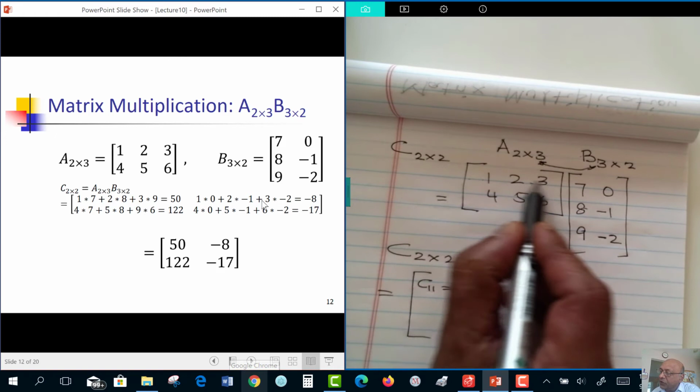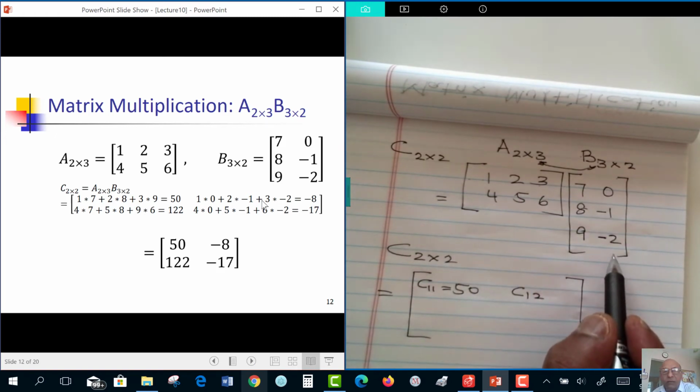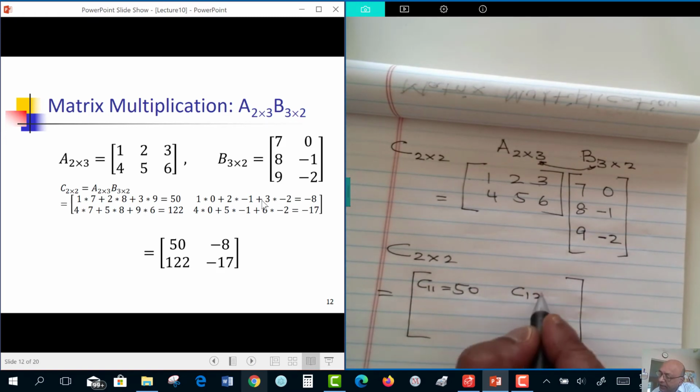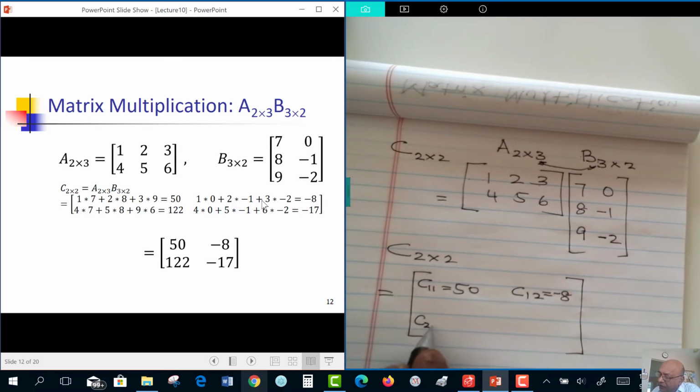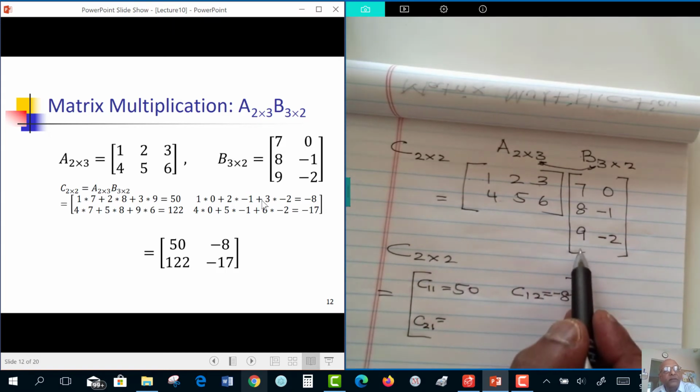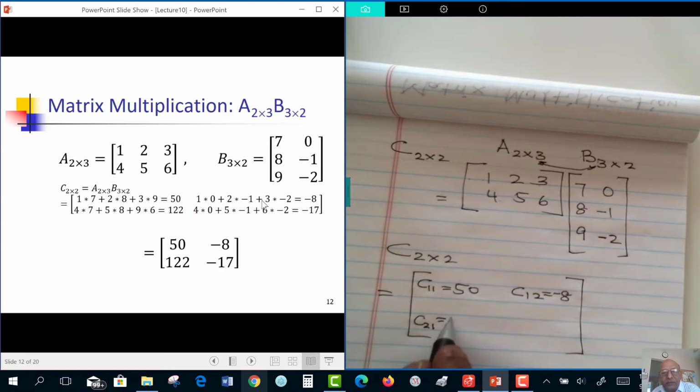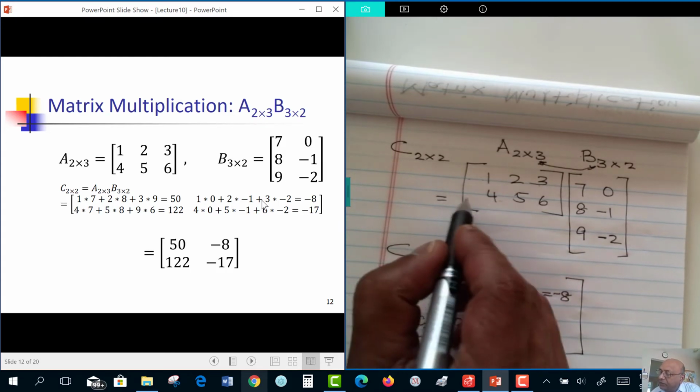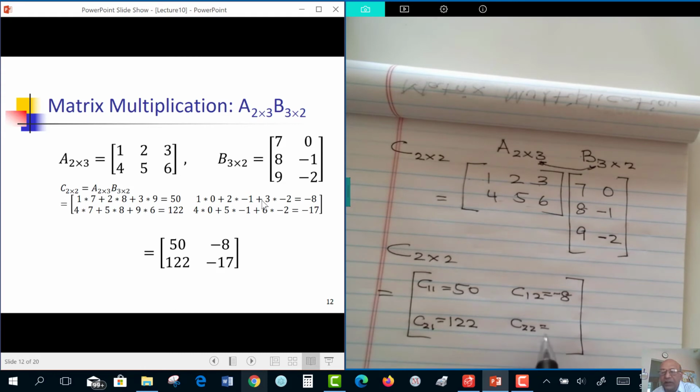We'll take first row, second column, pair them all up, and then add them. Second row, first column, we'll take second row times first column, pair, add them up. Second row, second column, pair them up, and you'll get minus 17.